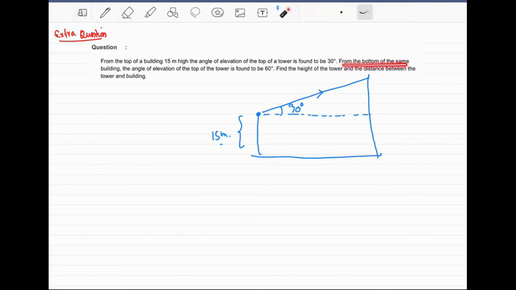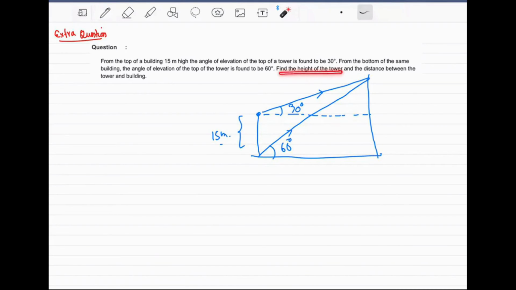Then from the bottom of the same building, this is the building, this is the tower. The question says from the bottom of the same building, the angle of elevation of the top of the tower, we are looking up to the top of the tower again, is found to be 60 degrees.